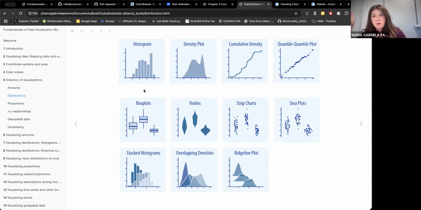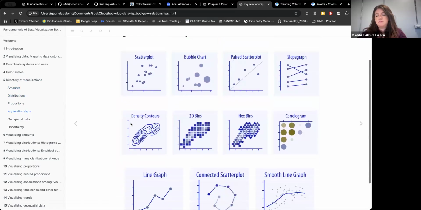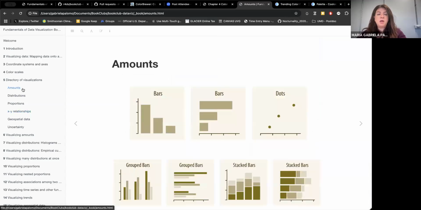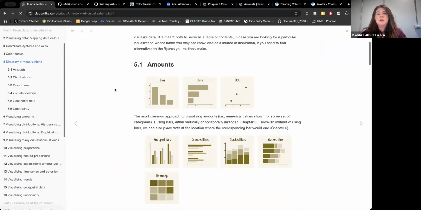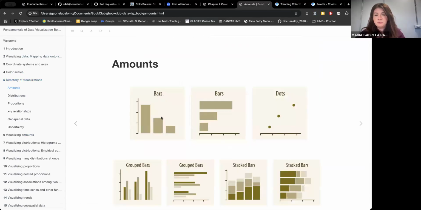Then we can go in R or Python or whichever language we're using and look up how to create strip charts in R. What I thought was to have this as a quick reference whenever we're creating plots, instead of having the book and going through this whole chapter. I thought that would be useful for us.